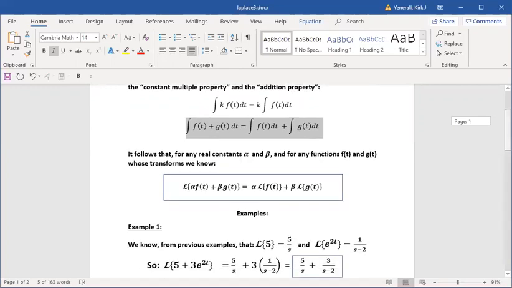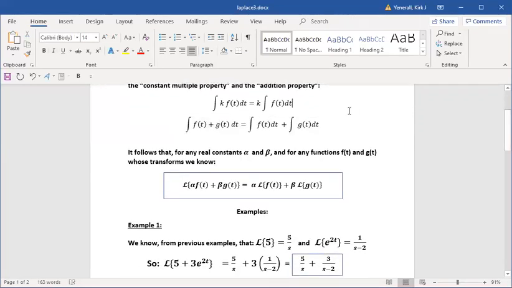And so what does that mean? Those two properties, the constant multiple property and the addition property, taken together tell us the following. Suppose we have a pair of real constants, alpha and beta. And suppose we have two functions, f and g, whose Laplace transforms we know. And we're interested in finding out the Laplace transform of this linear combination of alpha times f plus beta times g.